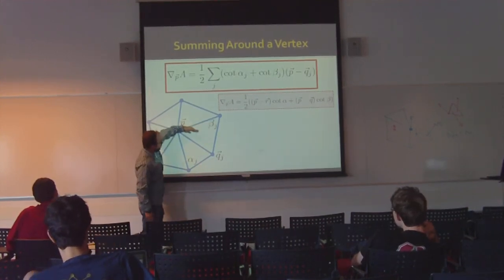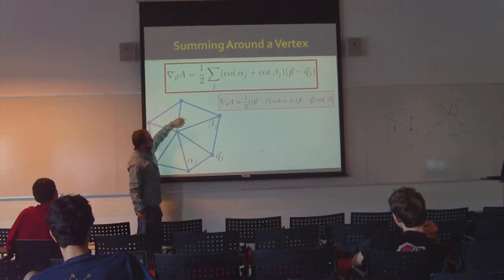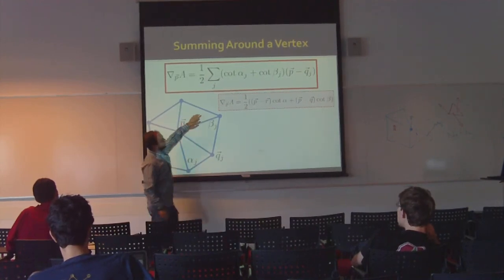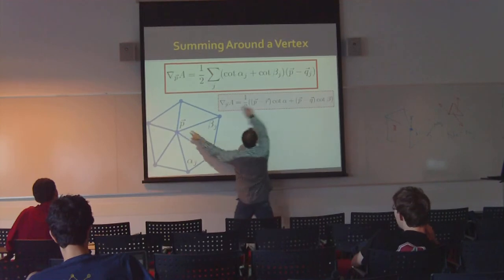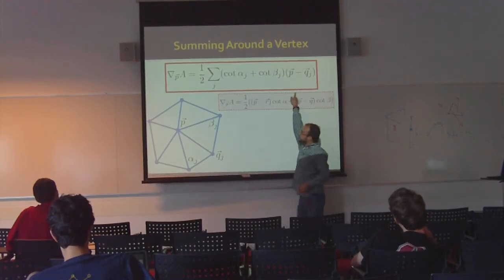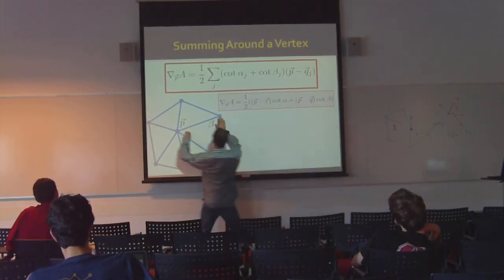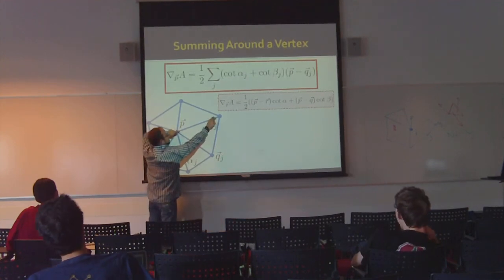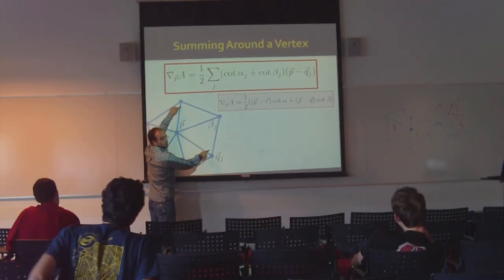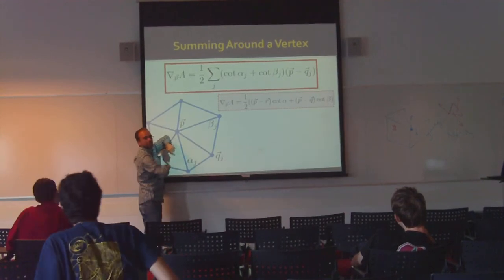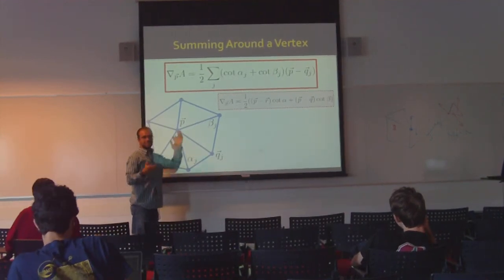In other words, we're going to iterate over all the neighbors of a given vertex P, and we're going to say P minus neighbor j. That's this difference here. And we get these two different cotangents that are both adjacent to this edge, right here and here. And we're just going to sum all those up as we walk around the loop. And this gives us our gradient of area.